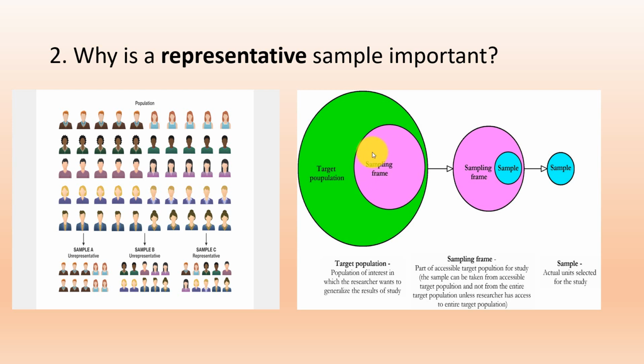So then when we have a sampling frame, we have different ways, which we'll get to in a moment, of taking a sample from the sampling frame, okay, which comprises our sample. So again, there's quite a process here, but the goal is to have a representative sample, which is a sample that best represents in its composition the population which you are trying to study.